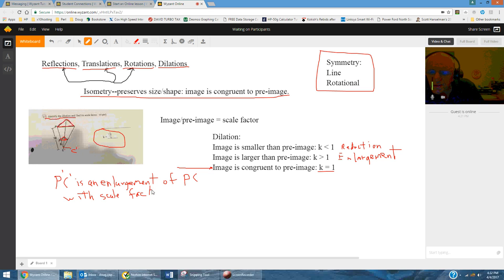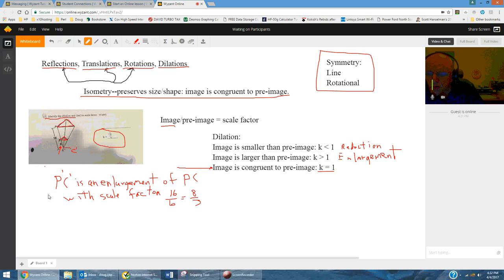Now, how do you figure the scale factor? Well, you got it right here. 16 is the image that goes on top, divided by the size of the pre-image, which is 6. So 16 divided by 6, but of course that reduces to 8/3. So that's the scale factor.